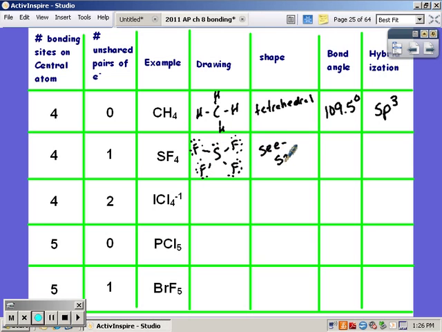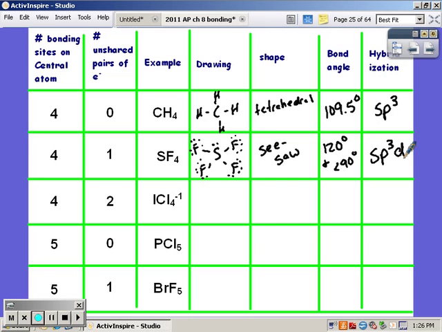And its shape is going to be seesaw with bond angles of 120 and less than 90. And your hybridization should be sp3d, because remember, p can only go up to 3, so the next one has to go to d. And d will be able to go up to 5.